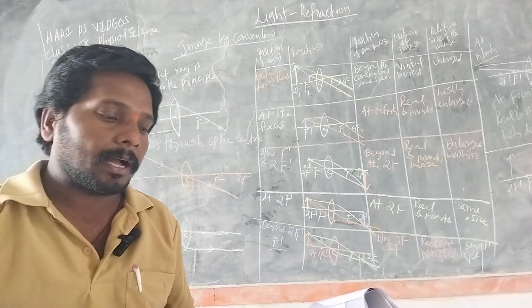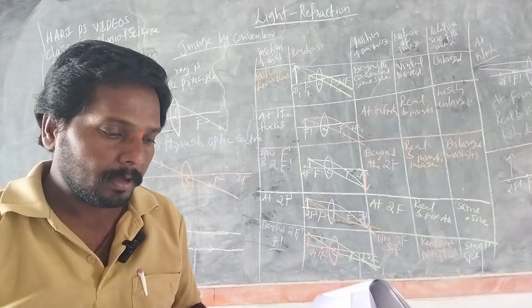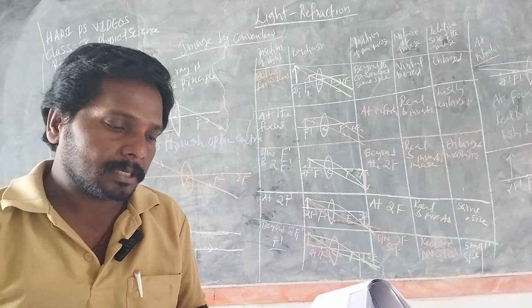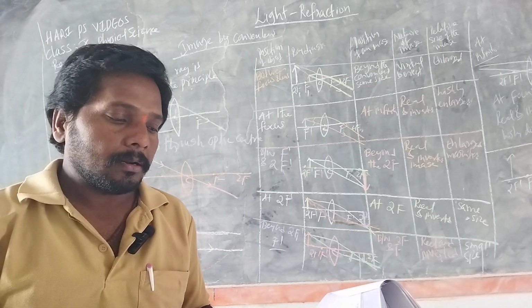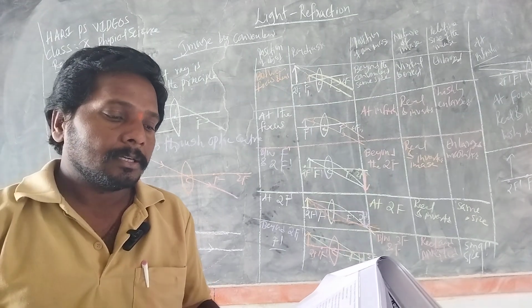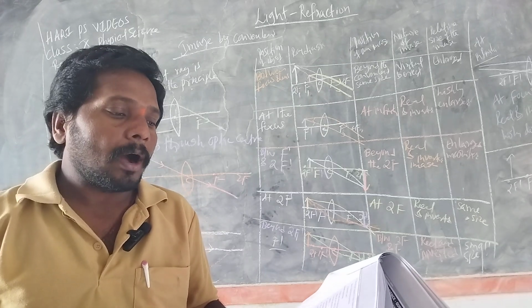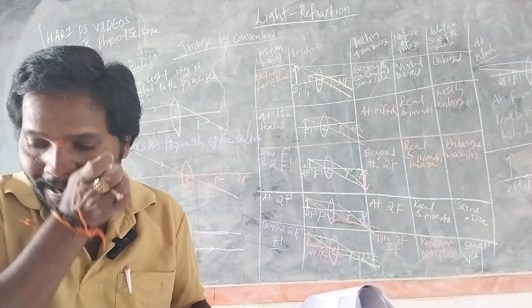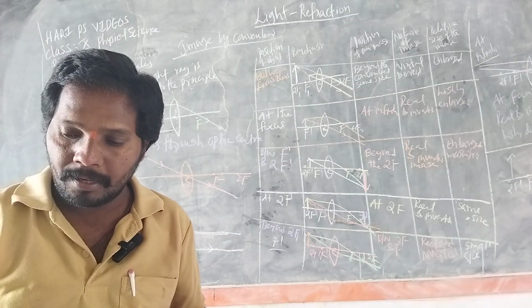One half of a convex lens is covered with black paper. Will this lens produce a complete image of an object? Verify. What will happen?